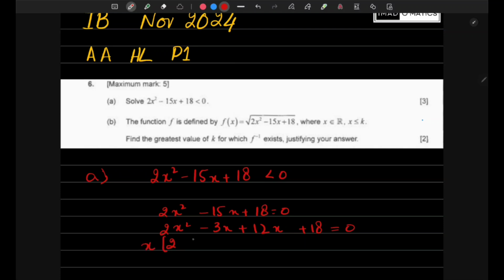Taking x common, x(2x − 3), and taking 6 common, sorry, minus 6 here, so minus 6(x − ... taking the common minus, the signs inside the bracket are inverted. So (2x − 3)(x − 6) = 0.